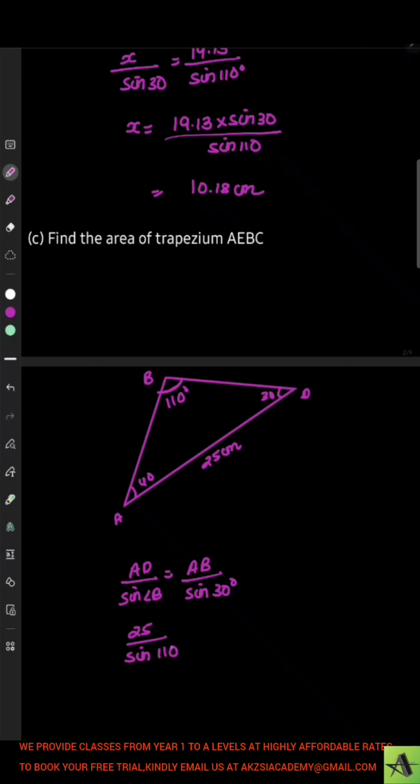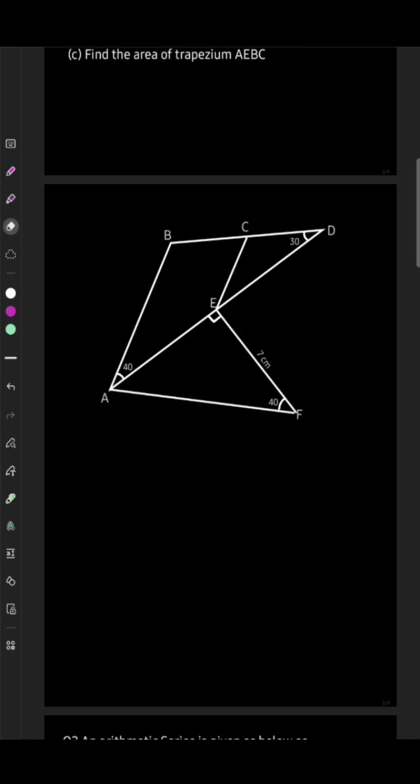So sine of 110, AB over sine 30. So from here, AB is equal to 25 times sine 30 over sine of 110. So AB is 13.3 centimeters.